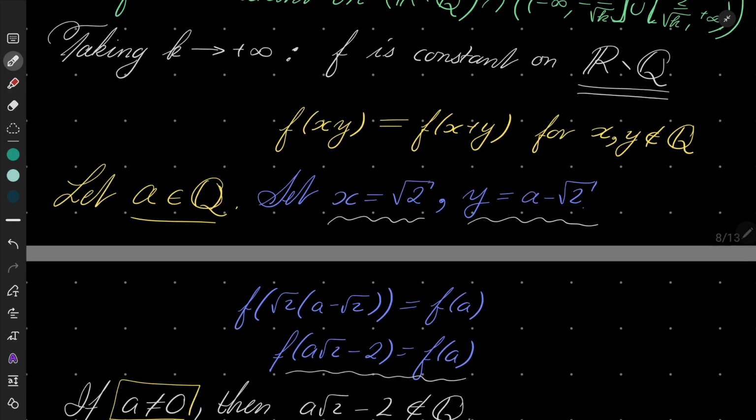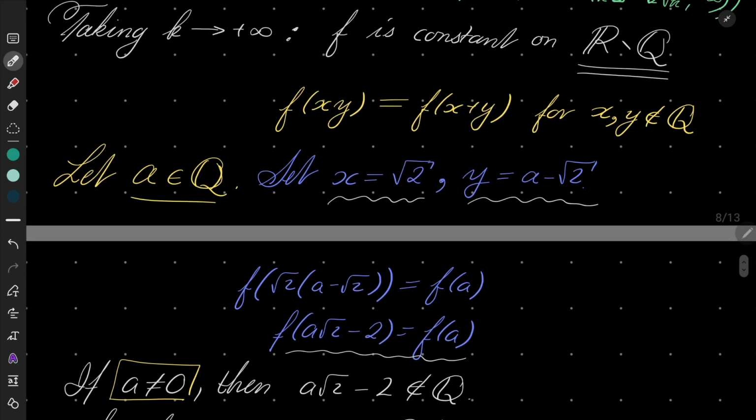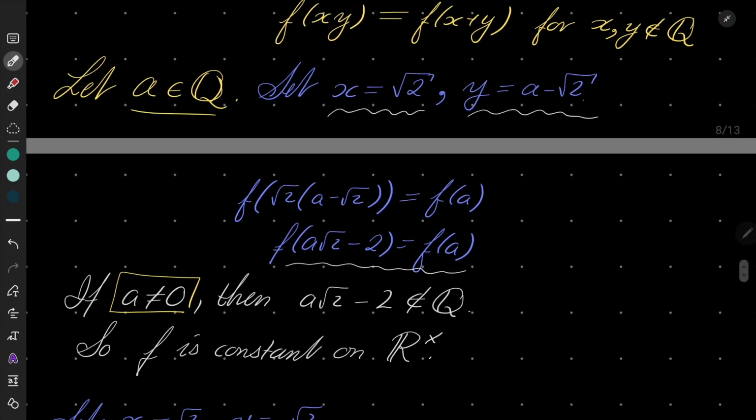I saw that this equation is satisfied. On the left hand side I have f of some rational number. On the right hand side I have f of some rational number. On the left hand side, if a is non-zero, I have f of some irrational number. And remember that this is a constant, so f of a is also equal to this constant value, which means that my function f is constant on the whole set of real numbers, but not necessarily for 0.